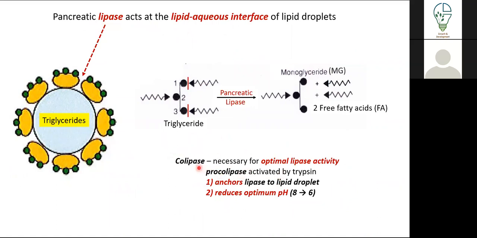Colipase grabs the lipase and allows it to attach on the droplet surface. Without colipase, the lipase cannot anchor here and cannot work. So pancreatic lipase requires the colipase, and colipase is activated by trypsin.